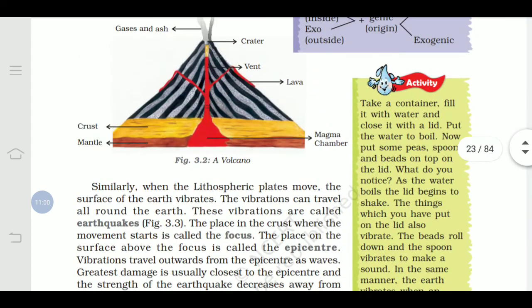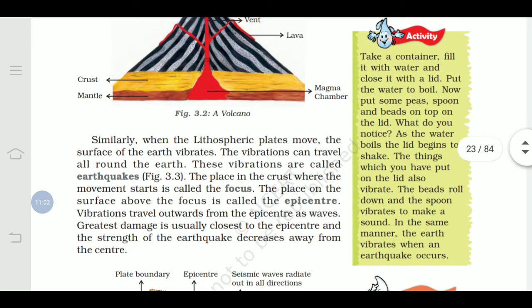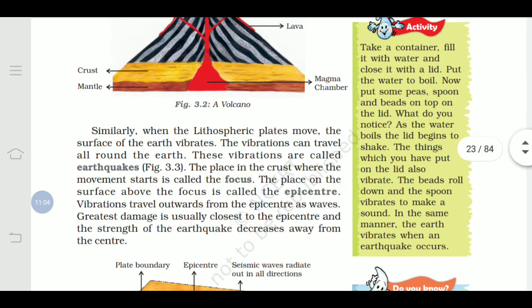See the right hand side of your textbook. It is an activity. Take a container, fill it with water and close it with a lid. Put the water to boil. Now put some peas, spoons and beads on top of the lid. What do you notice? As the water boils, the lid begins to shake. The things which you have put on the lid also vibrate.